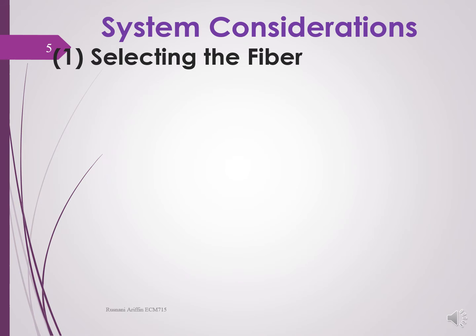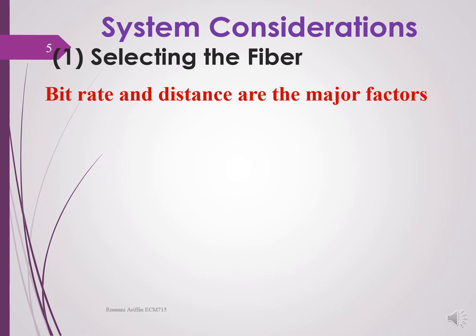Okay, so now let us see the system considerations. First is the system consideration in selecting the desired fiber. So in selecting the fiber, the most important major factor is the bit rate and the distance, because this will determine the type of fiber that you will use.